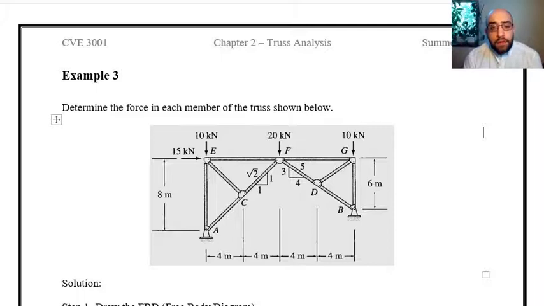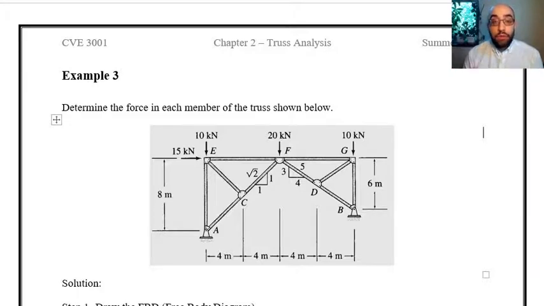So we have looked at some examples, and the method that we used in the previous examples was the method of joints. Just to summarize the procedure for this method, the first step is to draw the free body diagram. The second step is to look at the supports and find the reactions.